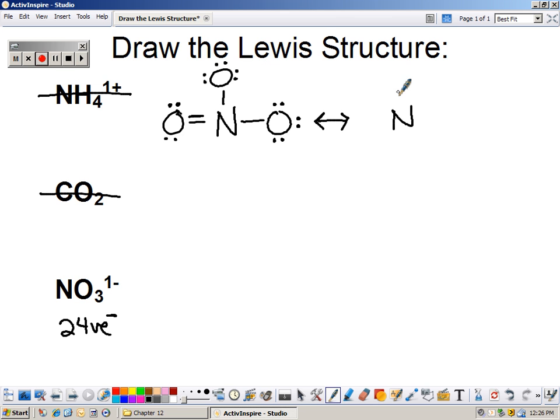Okay, drawing it over again, put the double bond on the second oxygen, and completing all the lone pairs. Okay, 2, 4, 6, 8, 2, 4, 6, 8. So that double bond could have been at the top, or it could have been on the right side on the third oxygen. So we'll have to draw this Lewis structure one more time.